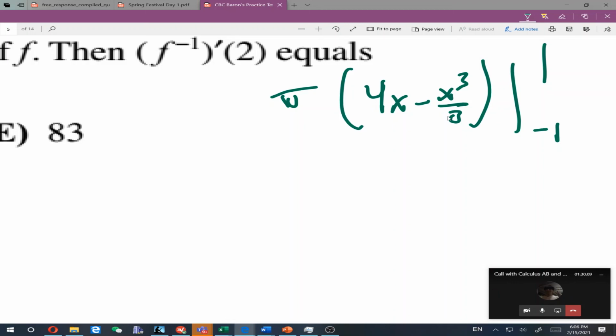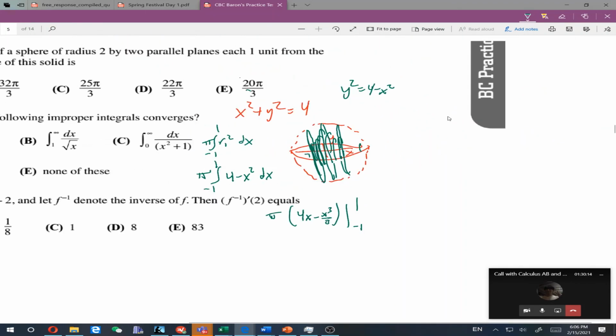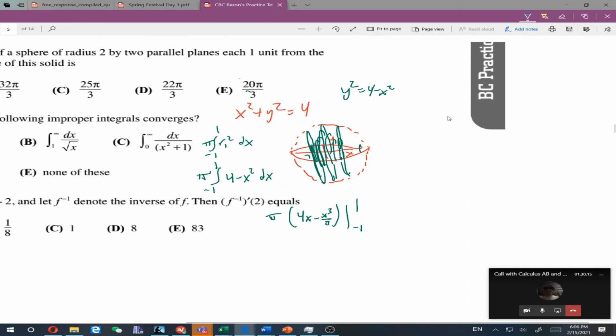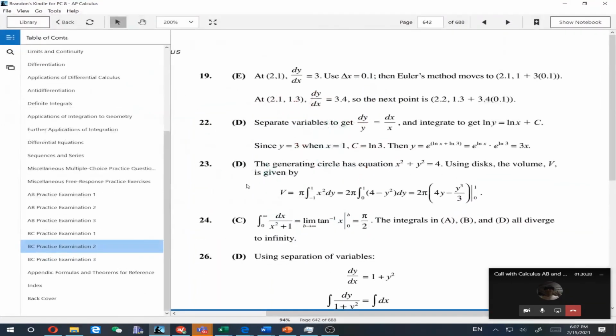I've got 11 thirds, 22 thirds pi. Alright, checking there, okay, they did this in terms of y instead. Alright, we still didn't quite do it the same way they did, but we're close.